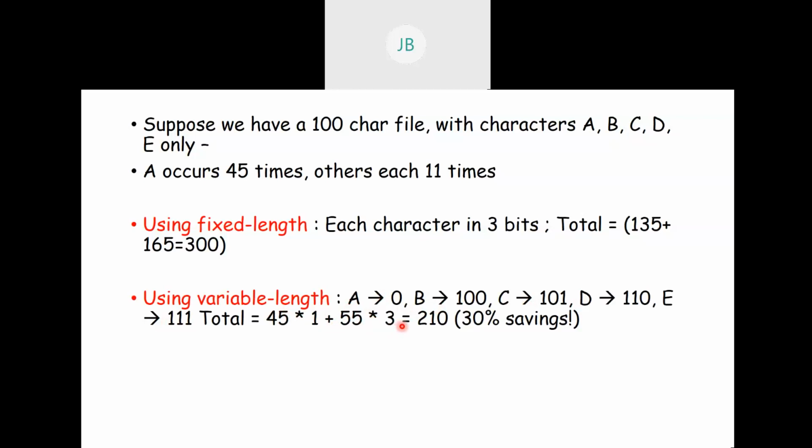So altogether we need just 210 bits. This is a variable length encoding where we assign different numbers of bits to every symbol. The fixed length encoding, where we assign an equal number of bits to every character, requires 300 bits, while variable length encoding requires just 210 bits. So we have a better saving here of about 30%.